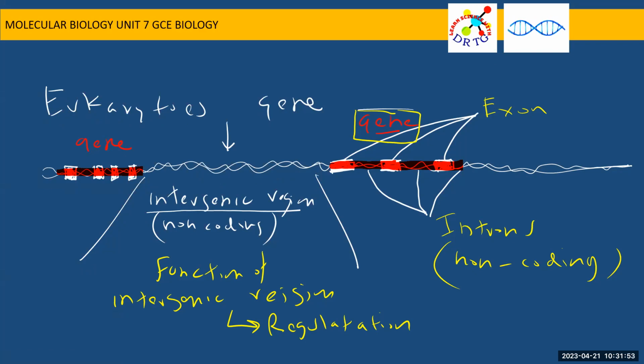So exons are coding regions and introns are non-coding regions. Now I will give a summary of protein synthesis from gene to protein before we come into the detailed lessons.